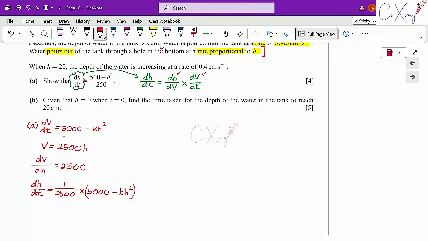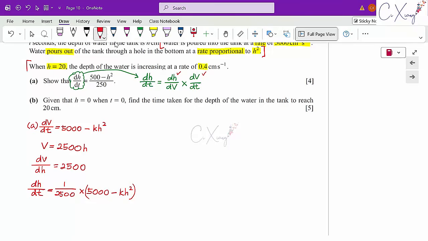Okay, and now we actually need to find out the value of the k. All right, the proportional rate, the k. So how can I find the k? Let's figure out the useful information provided in the question. They mentioned that h equals to 20. The depth of the water is increasing at the rate of 0.4.